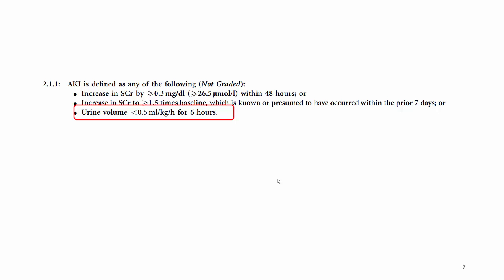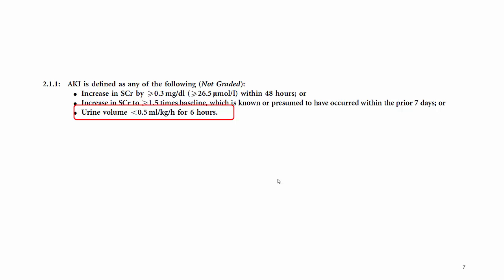You would have to have an increase in serum creatinine by equal or more than 0.3 milligram per deciliter within 48 hours. So an increase from 1 to 1.2 is not an acute kidney injury. Or you'd have to have an increase in serum creatinine to more than 1.5 times the baseline, which is known or presumed to have happened in the last 7 days or so.